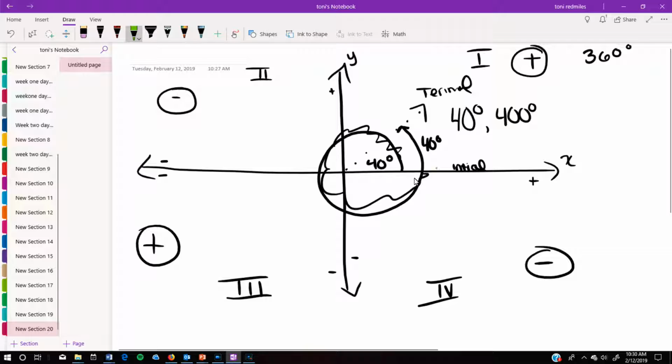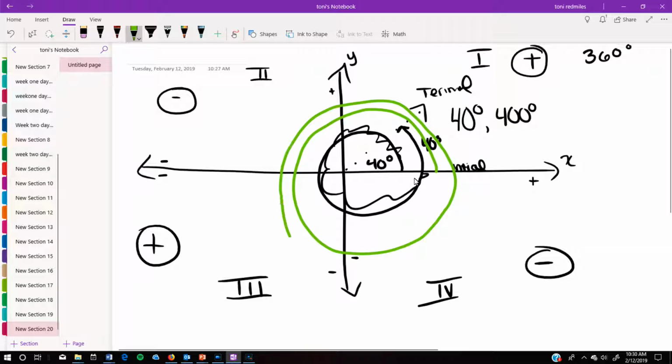Okay, so I can start at initial and I'm going to go around two times. As long as I stop at the terminal, I have a coterminal angle. And so my next coterminal angle is going to be 760 degrees. And I could keep doing this all day.